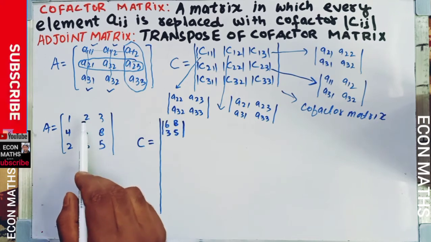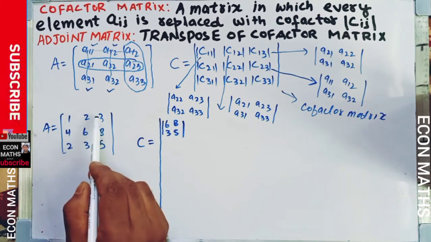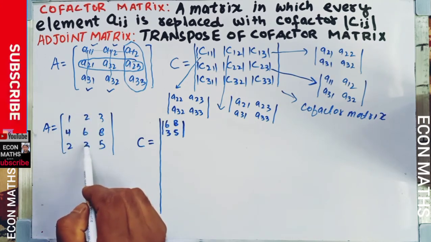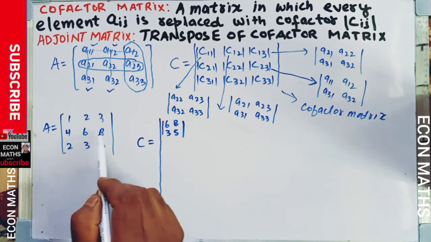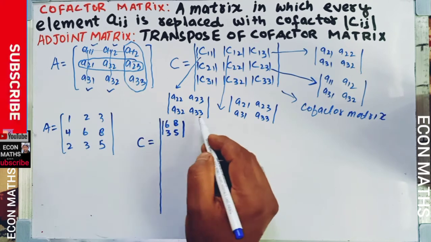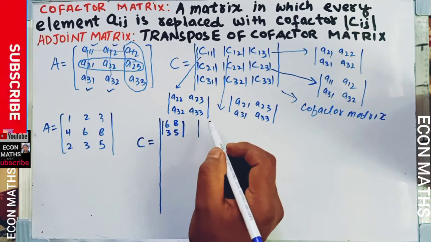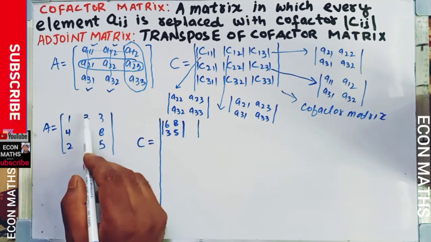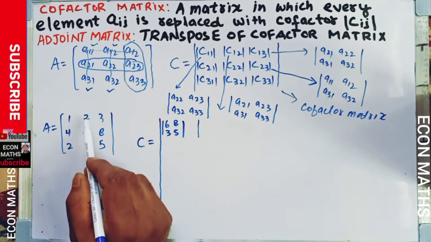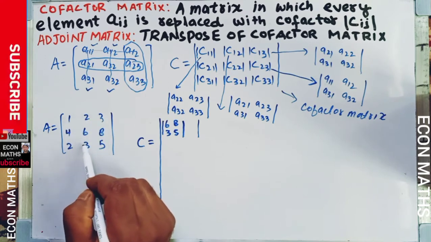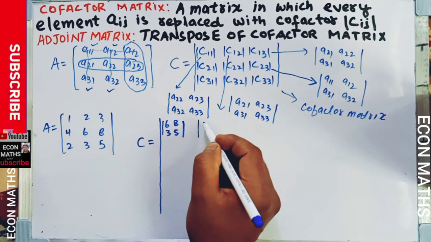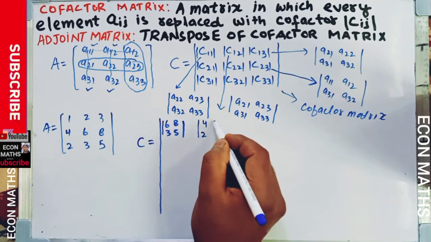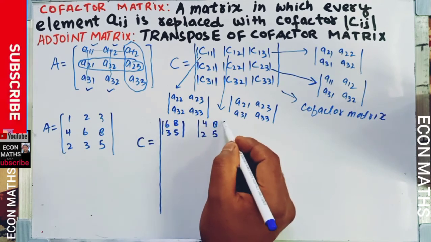Similarly, for 2 we delete the row and the column in which it appears and take the determinant of the remaining elements. Here this is 4, 2 and 8, 5. So the second cofactor is, we have deleted this row and this column, that is 4, 2, 8, 5. So I will write 4, 2, 8, 5.